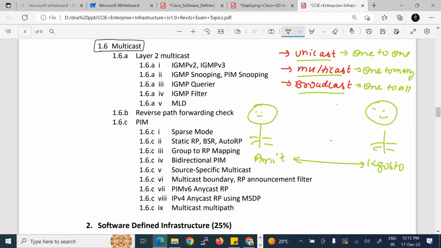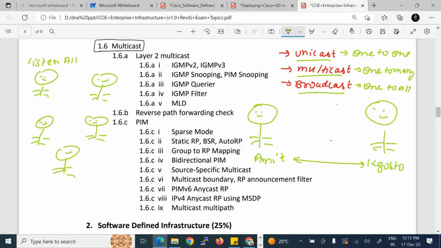If I have to do a broadcast, with 10 people around me, I can say listen all, and all of them would be listening to me. The problem is with multicast, one to many. It is very difficult to define the destination machines in case of multicast.